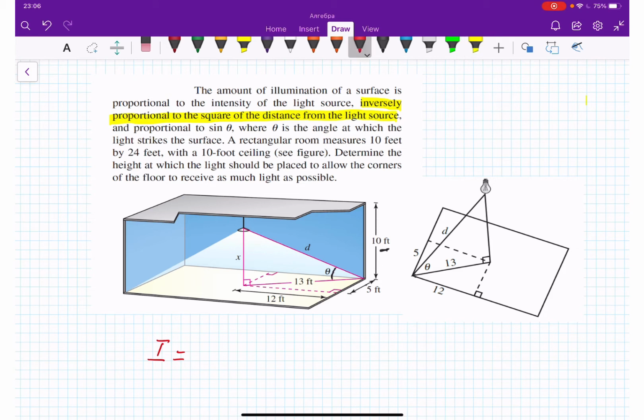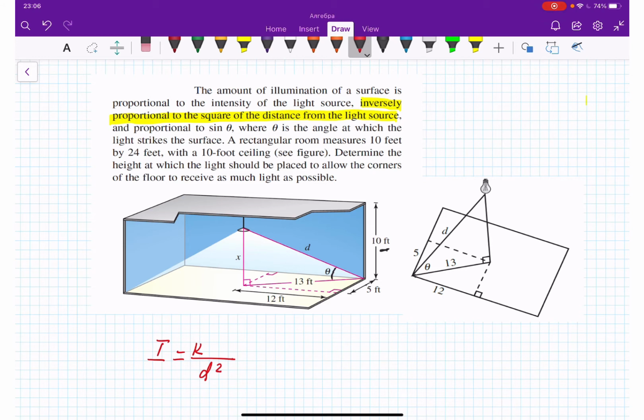Which means there's a coefficient of proportionality, and it's inversely proportional to the distance, which is going to be d squared, from the light to the corner, right?